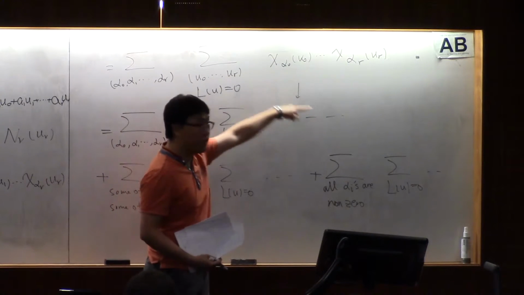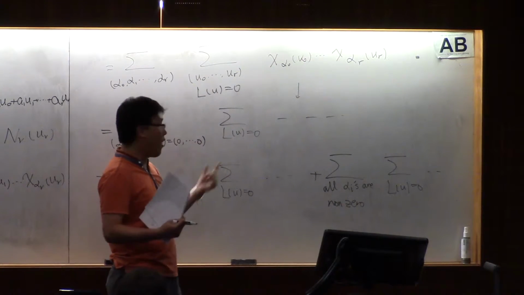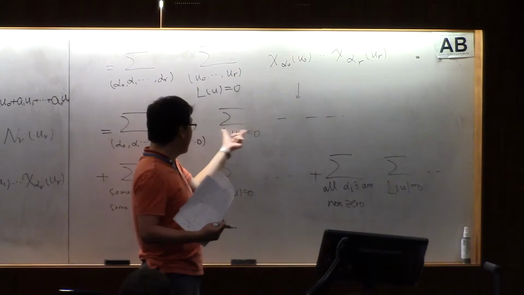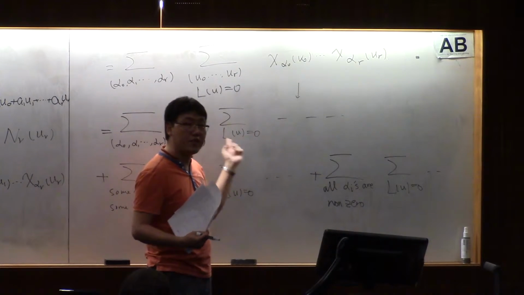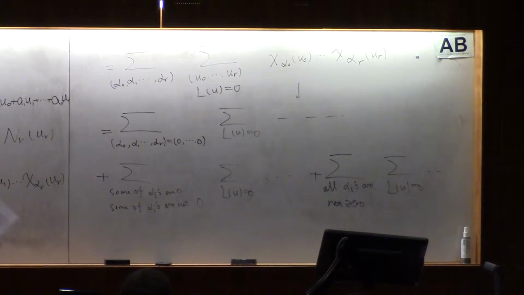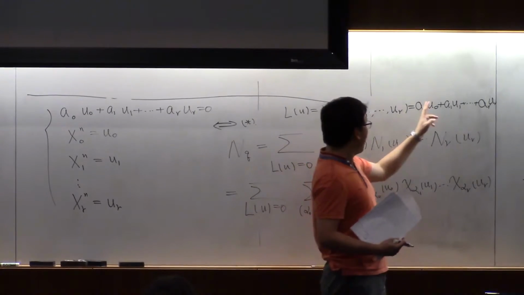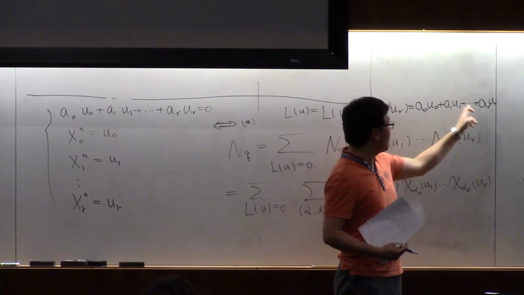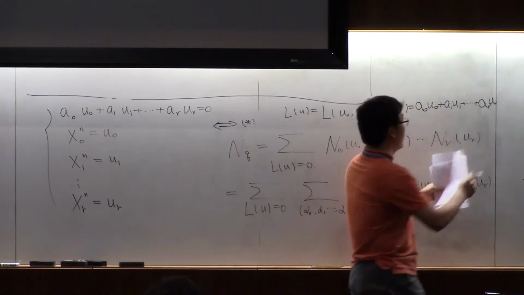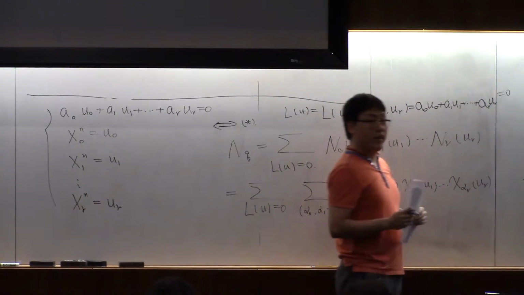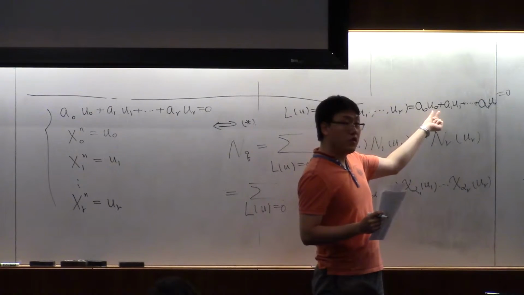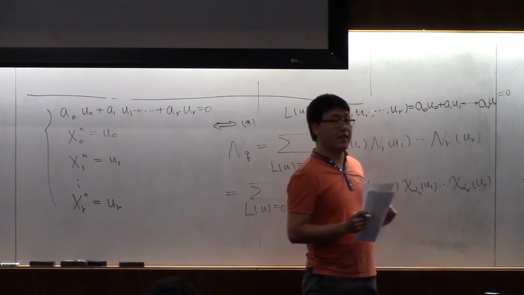Then how many ones do you have here? The number of these ones is equal to the number of solutions of this linear equation. But what is the number of solutions of this linear equation? Once you fix u1, u2, up to ur, if you want to make this linear equation 0, then the value of u0 is uniquely determined.